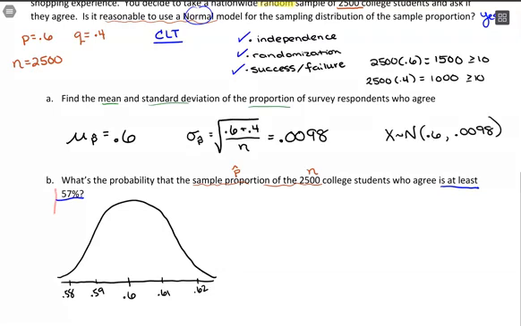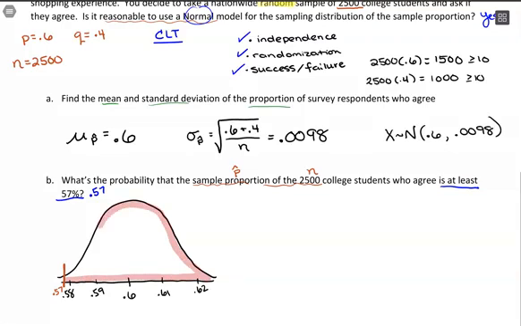And for our example, we're looking for the probability of at least 57%, which is the equivalent of 0.57. So what I'm doing is, I'm out here actually, way out in this tail, looking at 0.57, and then we want the probability of at least that. So I want the probability of being there or larger.